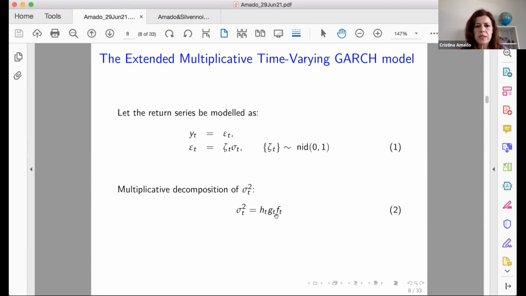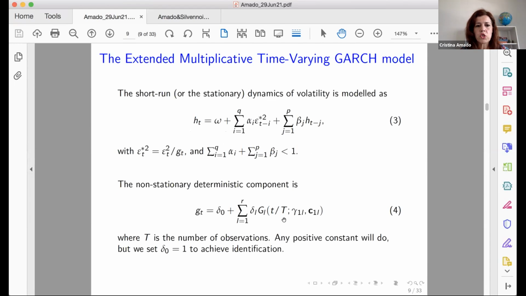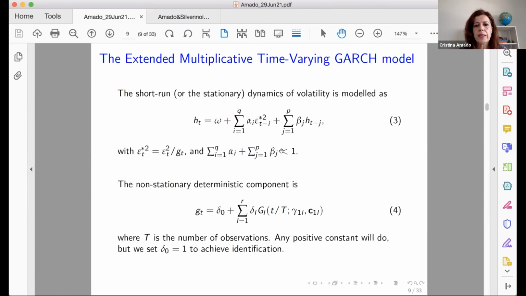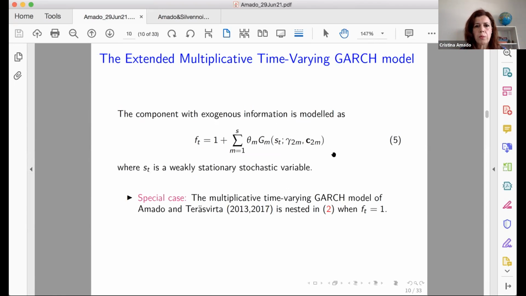And then we have this f_t, that is a positive function also, and it's a function of the exogenous information, where again we have a linear combination of these logistic transition functions. We could think about any other type of function here, and this is my proposal, including the logistic transition functions. We could think about any other type of function either in component 4 or in component 5.